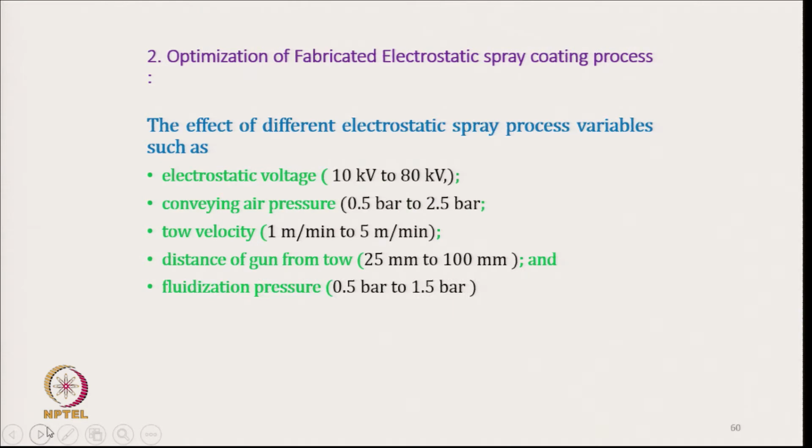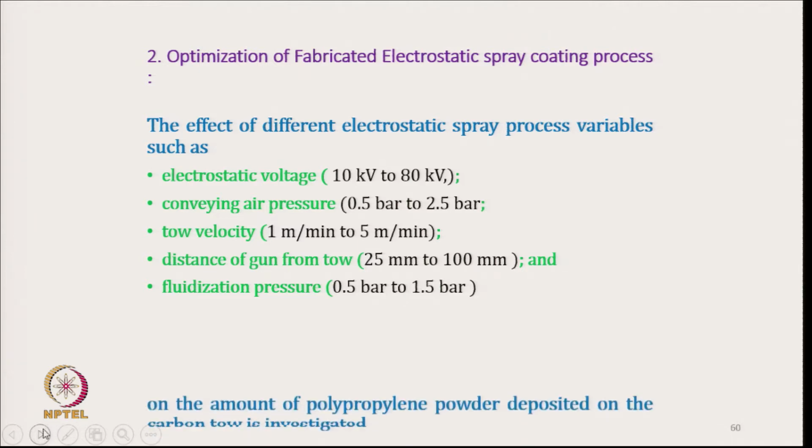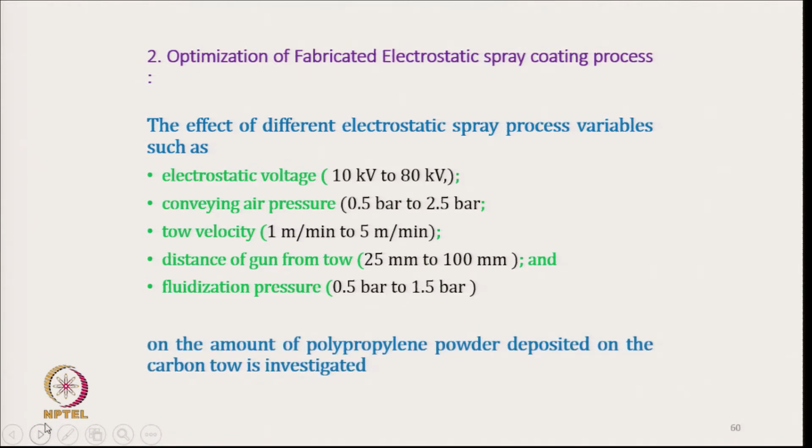Then fluidization pressure affects the proper formation of the cloud, which also ultimately affects the resin content. All these factors affect the polypropylene powder deposition on the carbon toe.